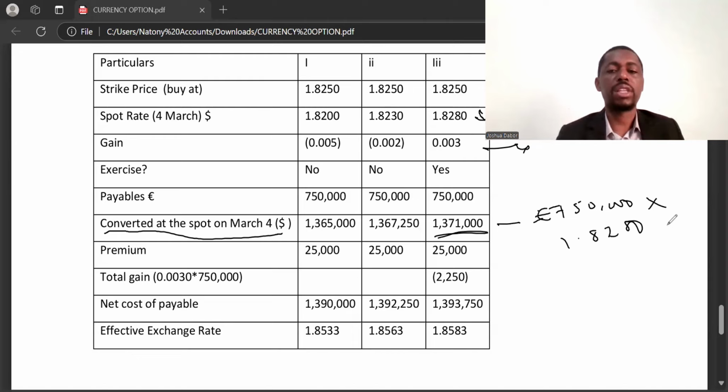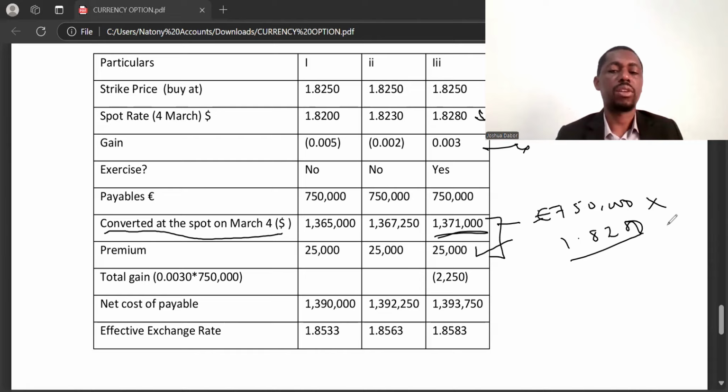But because the company has entered the option contracts, the company has made a gain. Before the gain, because of the option contract, the company made a payment of what? 25,000. So that will increase the costs on the company side. So I need to add these two amounts.